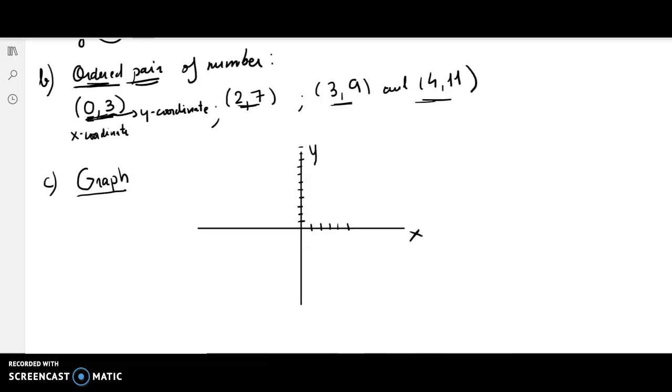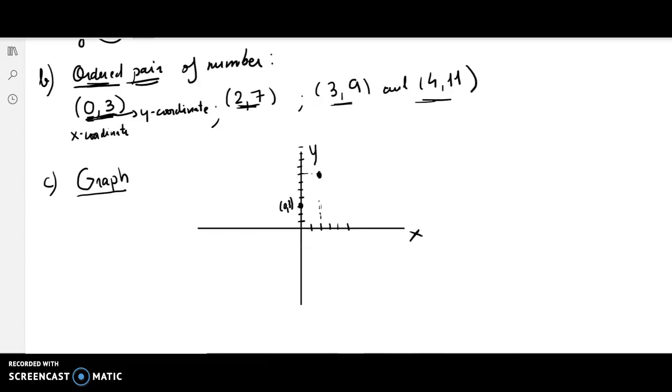So the first point is the 0, 3, the 0 for the x, 3 for the y. So it's right here, up here. Okay. So this is the 0, 3. The next one is the 2, 7, 2 for the x, 7 for the y. So it's right here.